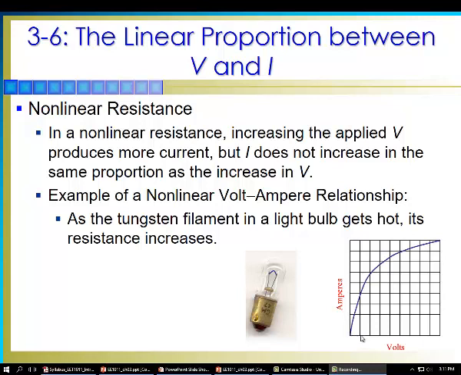But from this point to here, the voltage went up by 1 unit, and the current goes from here to here, not even 1 unit. From here to here, the voltage goes up 1 unit, and then the current goes up 4 units. So this is not a linear relationship. This is what they talk about when they mention non-linear resistance, because the resistance changes depending on different factors.